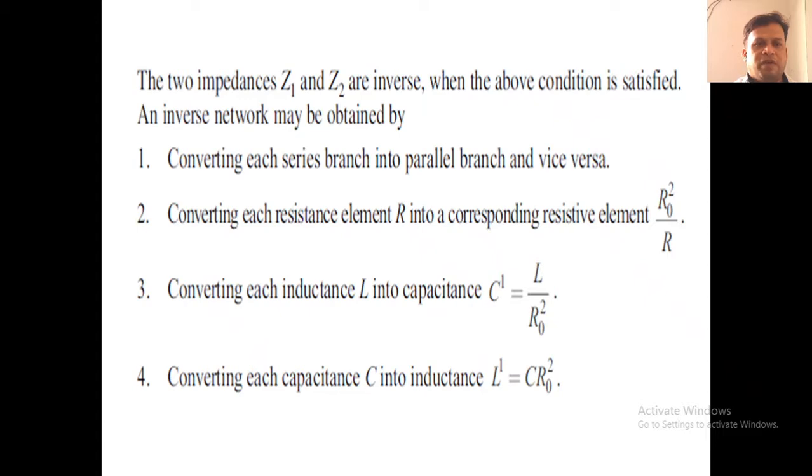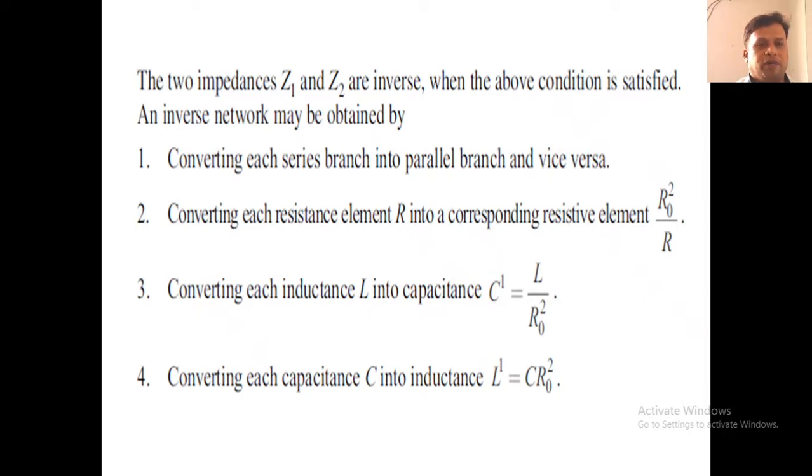An inverse network may be obtained by converting each series branch into parallel branch and vice versa. Second, converting each resistance element R into a corresponding resistive element R0 square by R. Third, converting each inductance L into capacitance C dash, that is equal to L by R0 square, and converting each capacitance C into inductance L dash, that is equal to C into R0 square.